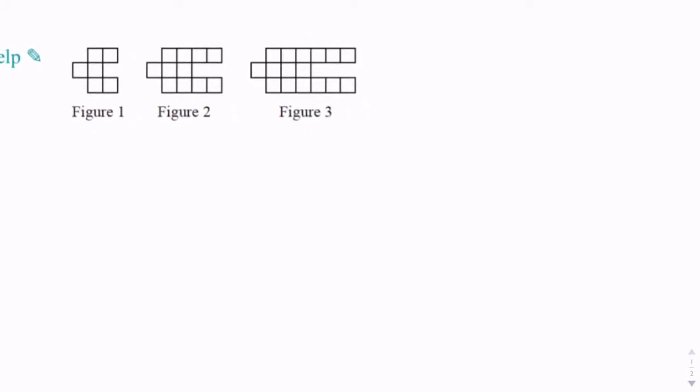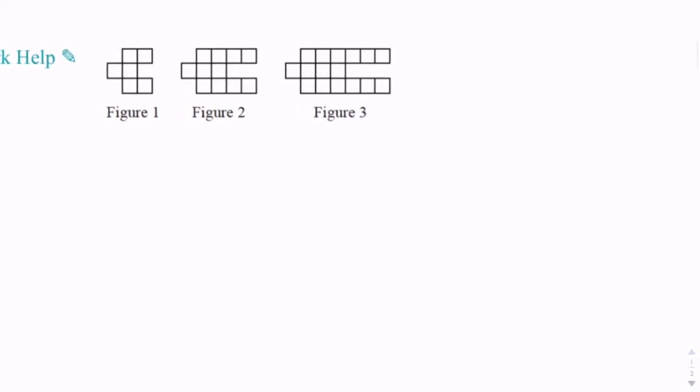So for A, they want us to draw figure 0 and figure 4. First let's figure out what's going on. In figure 2, I'm going to color in what was there from figure 1 so I can figure out what is happening.